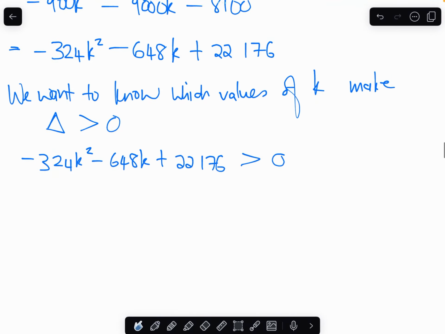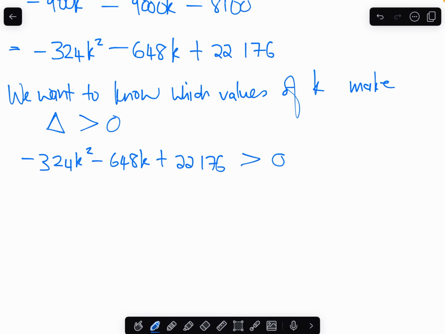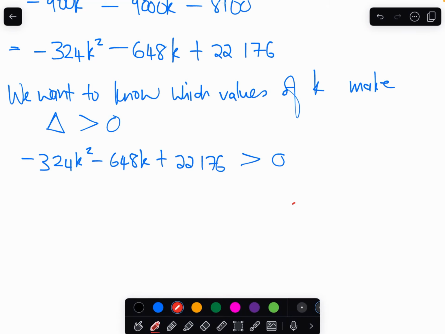I want so badly to make the number smaller again. So I'm just going to quickly on the side write down 324 is the same as 18 times 18, which is the same as 2 times 3 squared times 2 times 3 squared, which is the same as 2 squared times 3 to the 4.